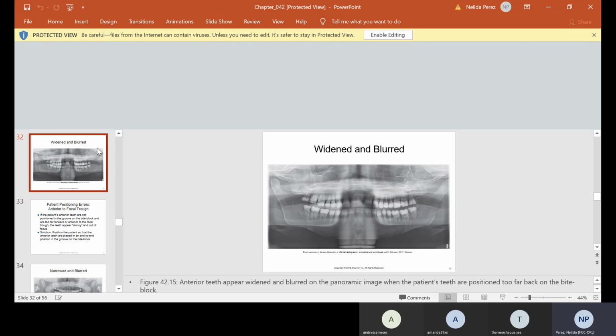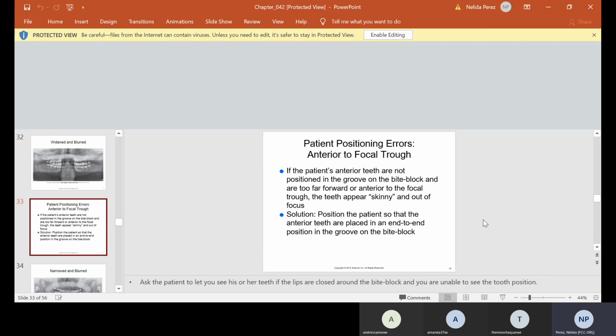Oh, and here's what it looks like if you don't have the patient slide their teeth into the little notch. As we mentioned, the anterior teeth look whitened and blurred, and that's a horrible panoramic film. Okay. So if the anterior teeth are not positioned in the groove and are too far forward, or anterior to the focal trough, the teeth appear skinny and out of focus.